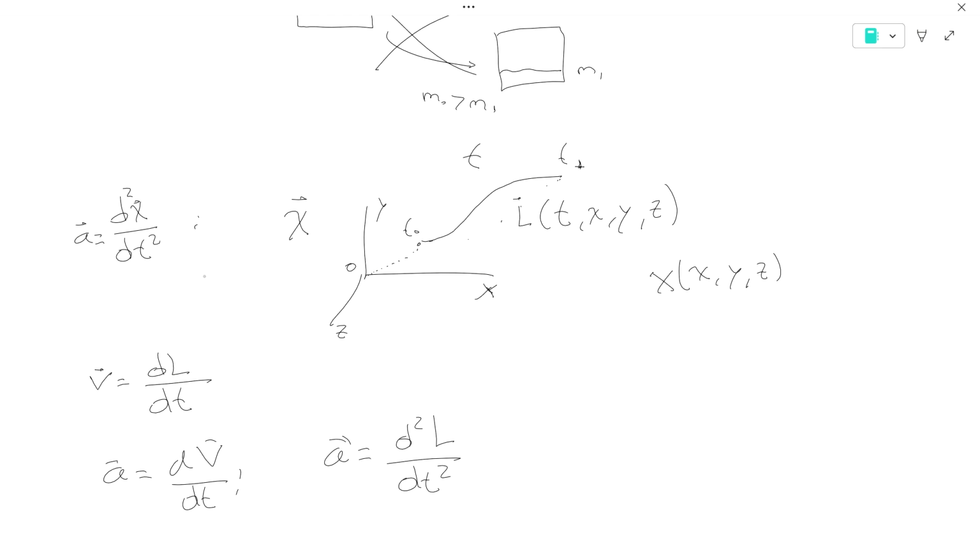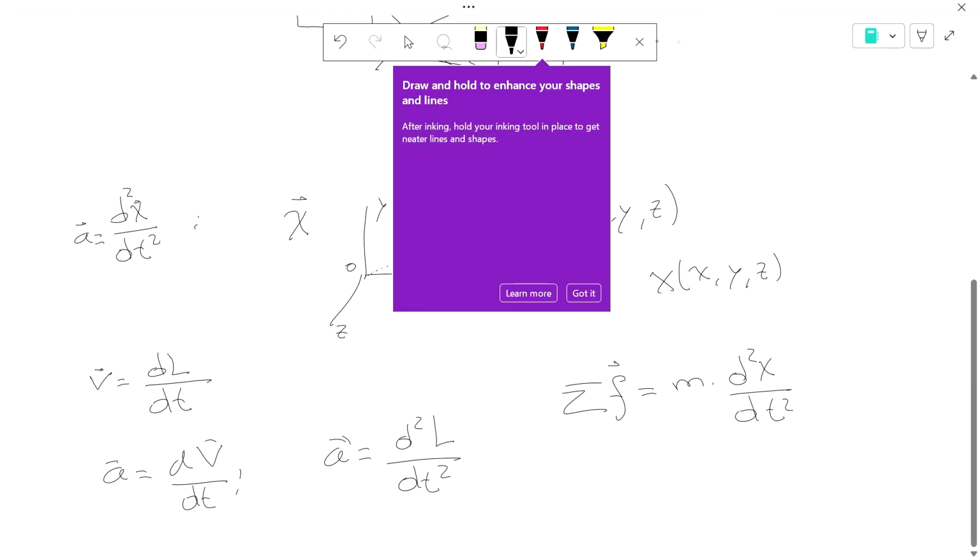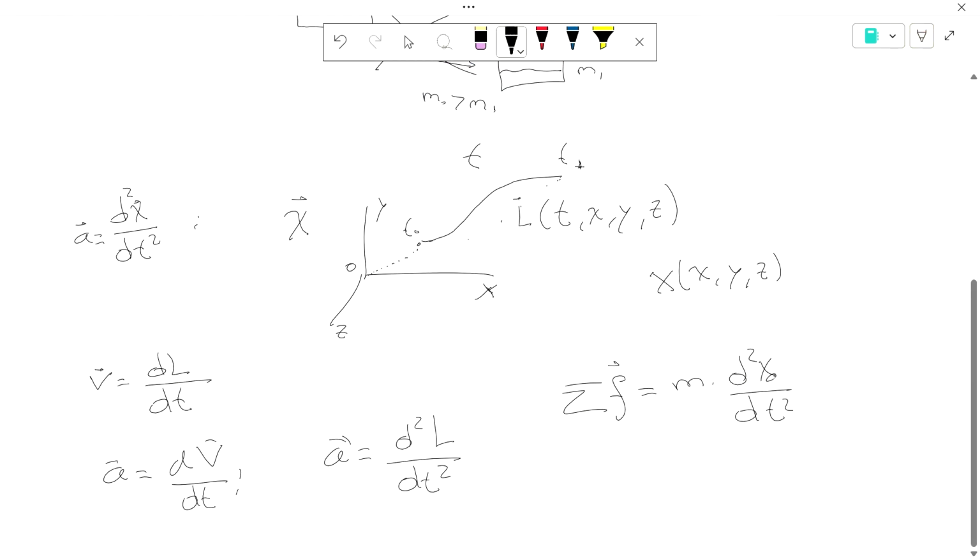All right, so this is something that we're going to go over in detail as well. But the acceleration is the second derivative of the position. Therefore, another way of expressing the summation of forces on a system is equal to mass times the second derivative of position with respect to time. And this could be x, or if you want, could be L.